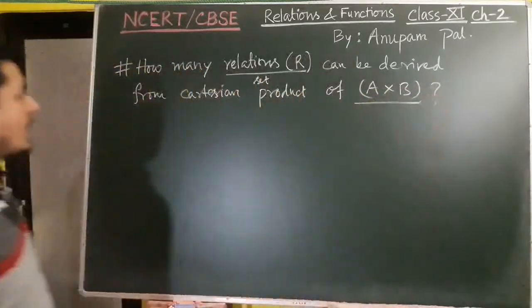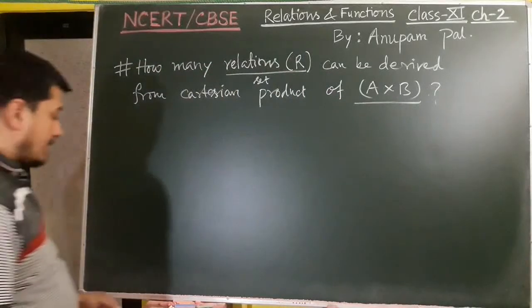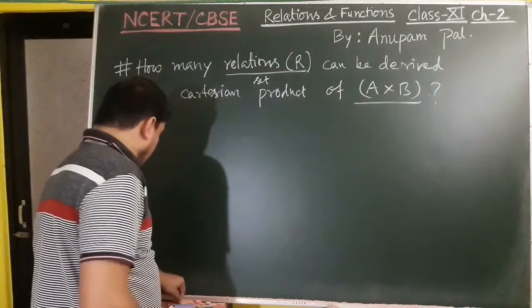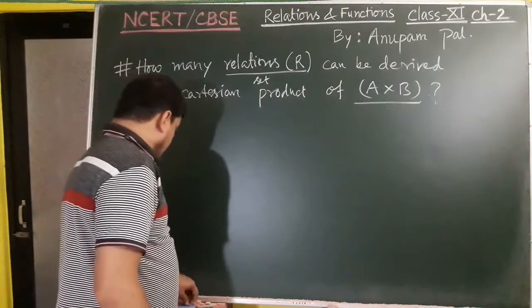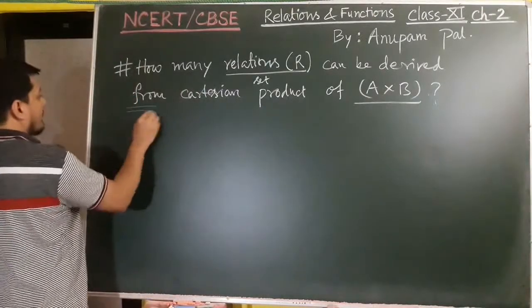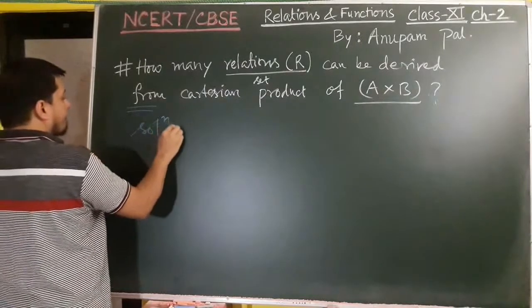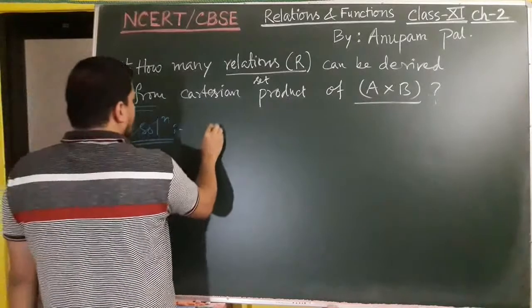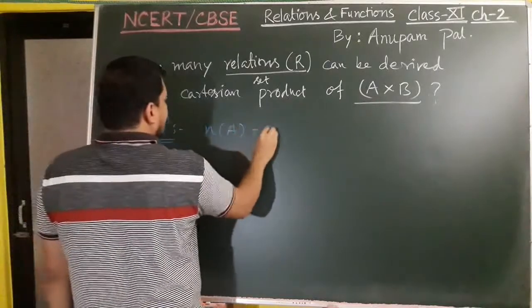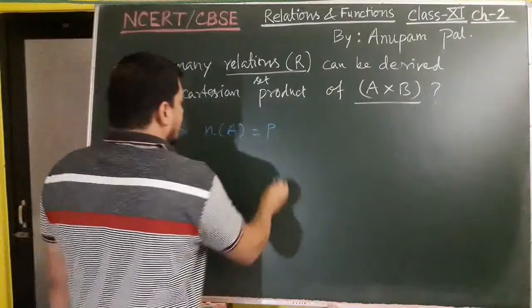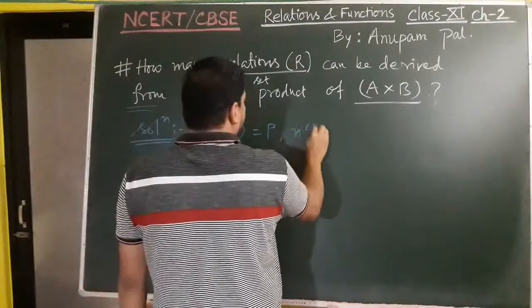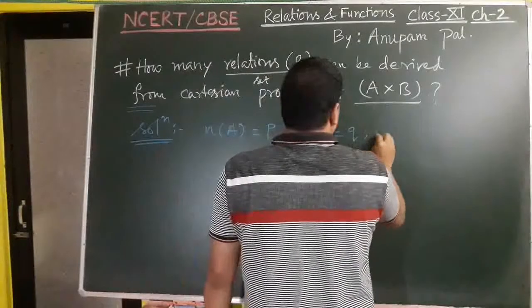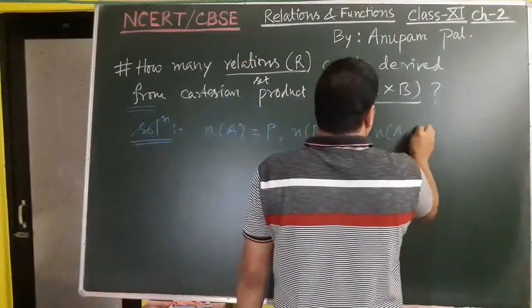Okay, now we shall solve this. Solution. Suppose the cardinal number of A is P, and suppose the cardinal number of B is Q. Then what will be n of A cross B?